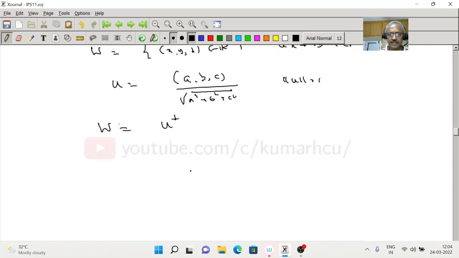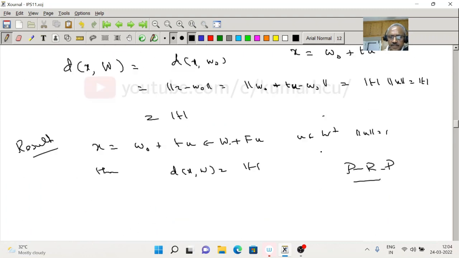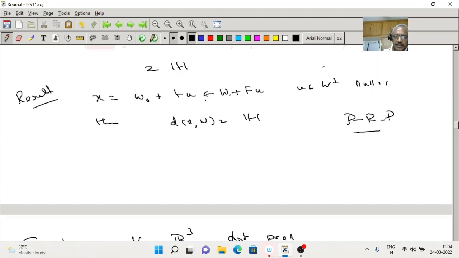Now, let me take a point P equal to (x naught, y naught, z naught) in R3. What is the distance between the point P and W? Now, let's look at this one. How can I get mod t?